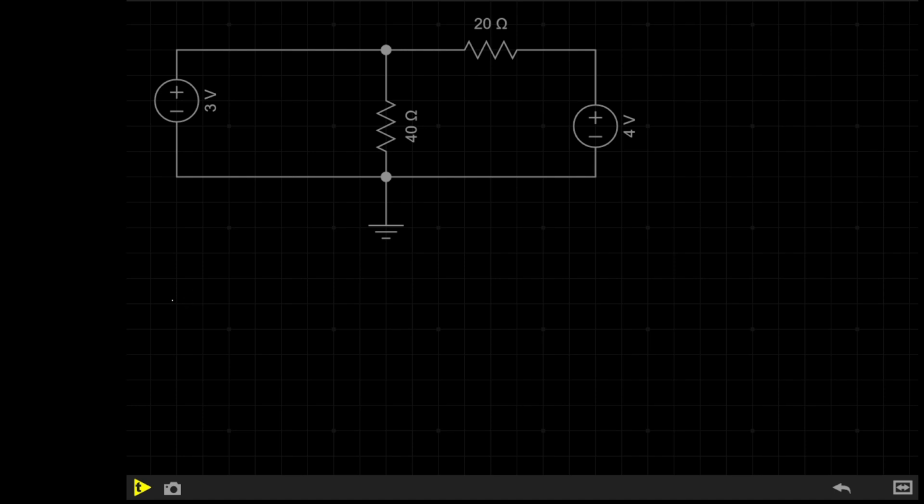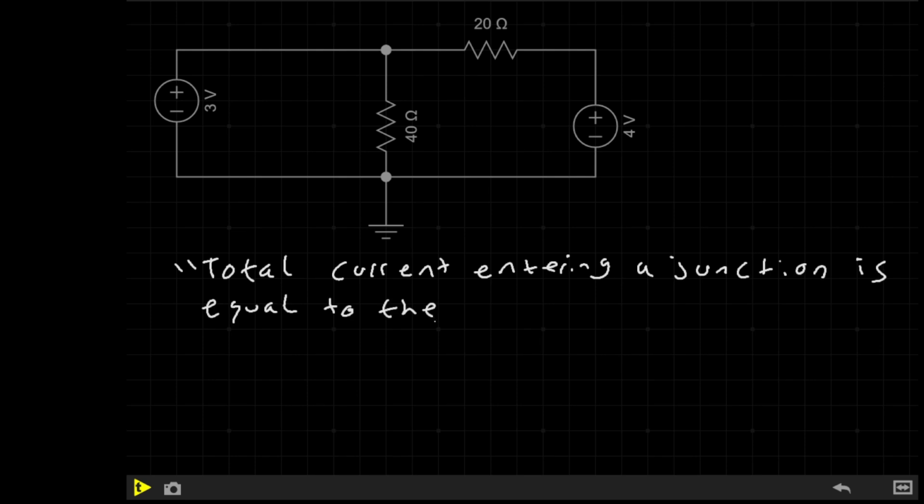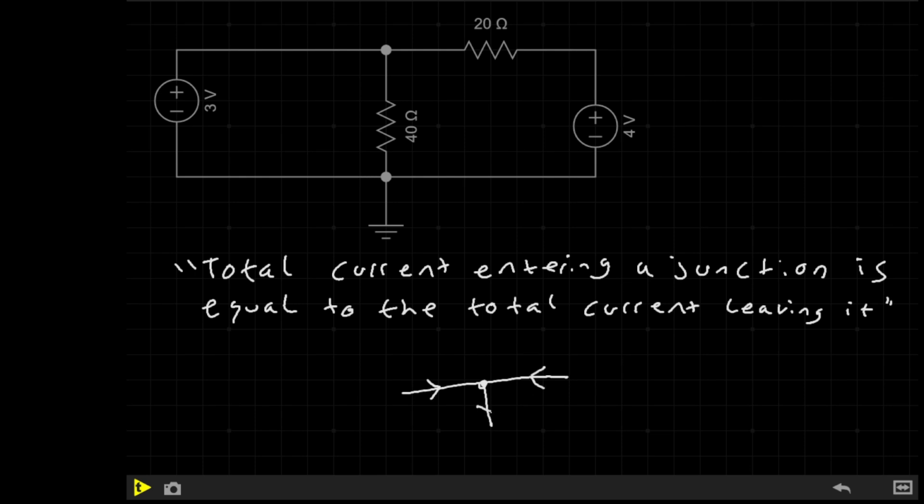Kirchhoff's current law states that the total current entering a junction is equal to the total current leaving it. That may seem obvious, but it's helpful to think about, and the key takeaway is that current is conserved. So if, for example, I had a diagram where I had three wires joining to one node in the middle, and I've got current flowing in this direction, and out this direction.